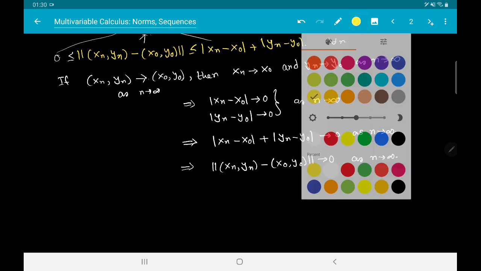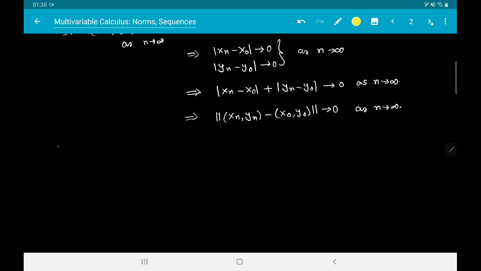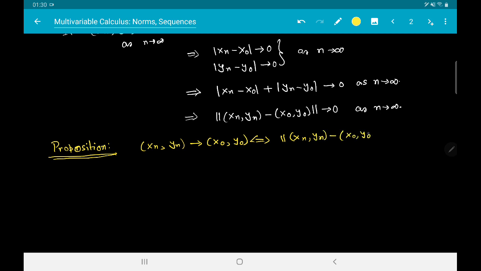So what have we proved? We have just proved our first proposition in multivariable calculus, which says that a sequence of two-tuples (xn, yn) converges to (x0, y0) if and only if the norm of (xn, yn) − (x0, y0) goes to 0 as n goes to infinity.